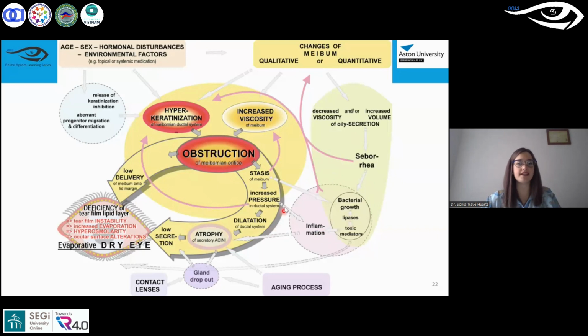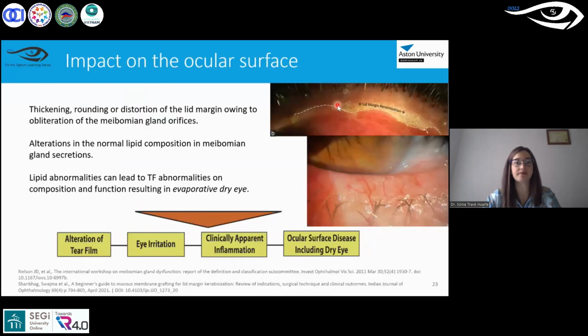So all of that obstruction leads to an increased viscosity of the meibomian, that change in melting point, and possibly that keratinization of the tissue. So all of that leads to having changes both on the quality and the quantity of the meibomian released onto the surface of the eye.